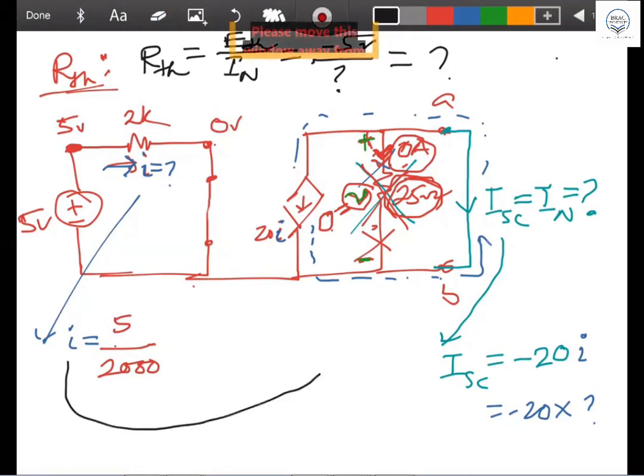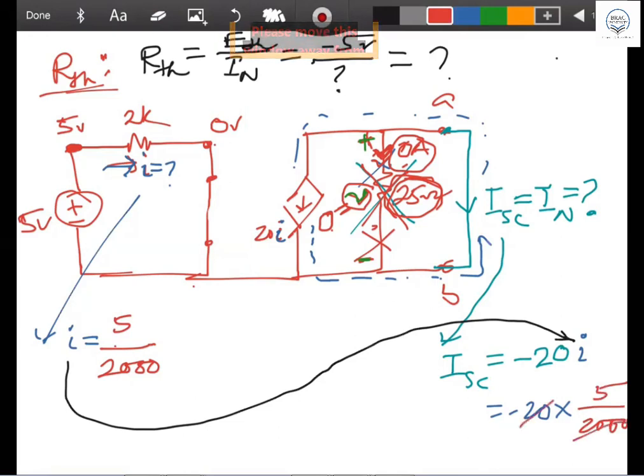So what would you do? This I, you have to substitute here. If you substitute here, what is the answer you get? Now you substitute this value. This value is minus I, 0.05. If your 2020 is giving you 100, you are getting here minus what?